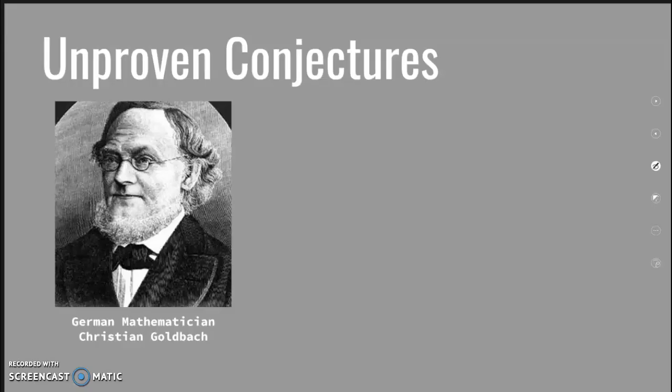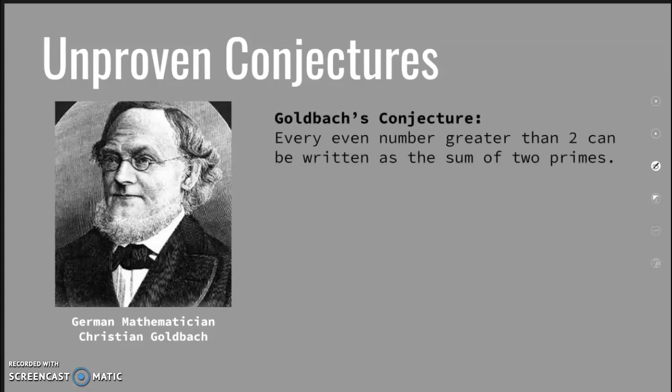All right, so here we have a German mathematician called Christian Goldbach. He's famous for his conjecture. Okay, his famous conjecture is that every even number greater than 2 can be written as the sum of 2 primes. Okay, now remember, prime numbers are numbers that can only be divisible by 1 and itself.